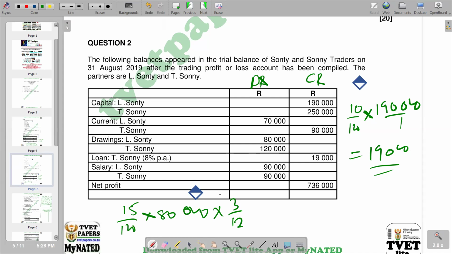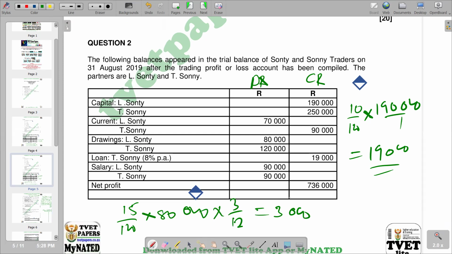And then you multiply by 3 over 12. And you are going to get your 3,000. So it means we have got 3,000. There is our interest on drawings.